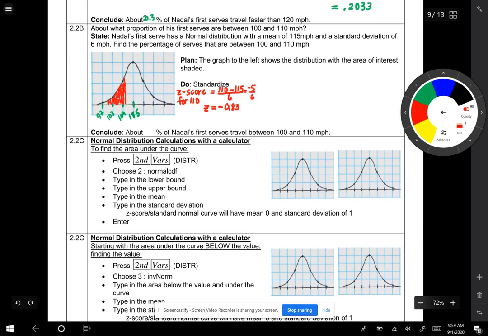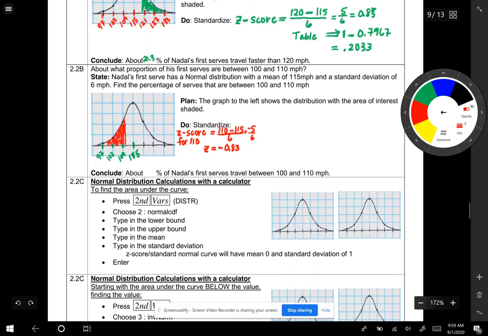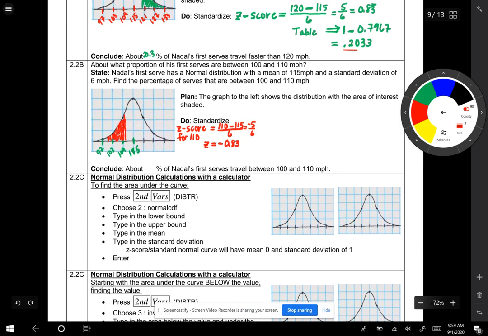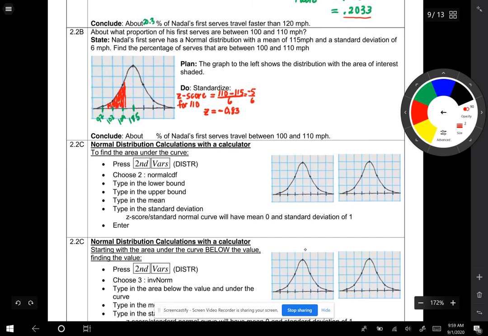Okay, we don't even need to look that up. We know that that corresponds to 0.2033. So I'm not going to go to the table. Now find the z-score for the lower bound, which is 97. All right, I don't know why I say 97 for 100. Sorry. It clearly states 100 to 110 miles per hour.